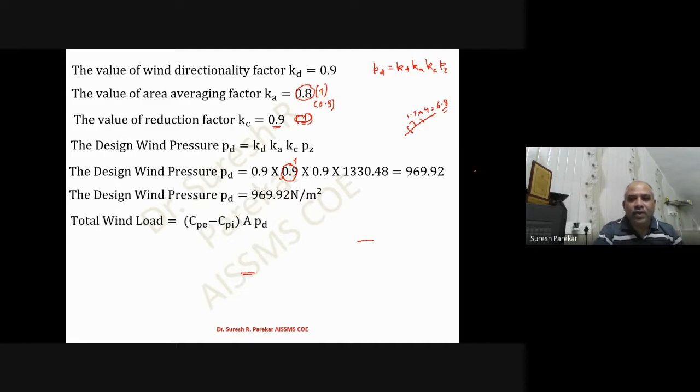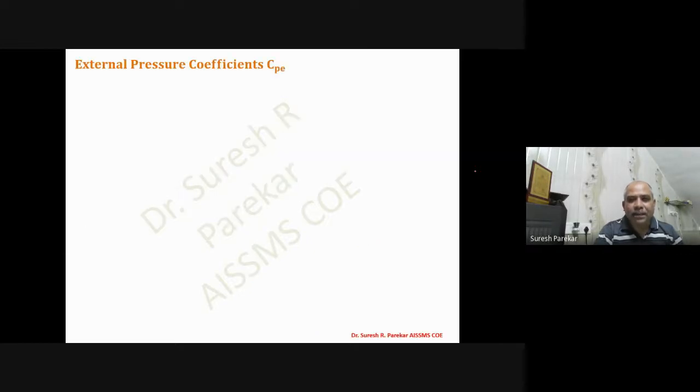Then total wind load. This formula is again given in IS 875 part 3. Then we have Cpe minus Cpi. First we will go for the external pressure coefficient. Then H, that is height. We have this height as 12 meter; we have considered 2 meter from the bottom, so in total we have taken 12 meter, and 12 upon 15.